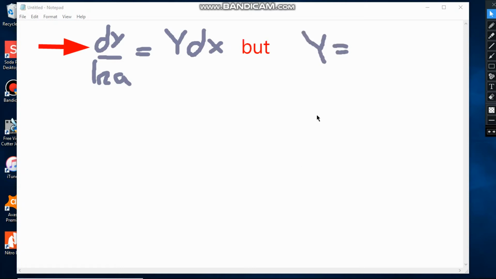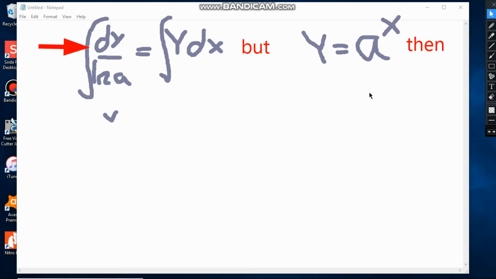But we know y is equal to a raised to x. Then we must introduce the integral sign both sides. When we introduce the integral sign on this side and this side, we have the following expression.